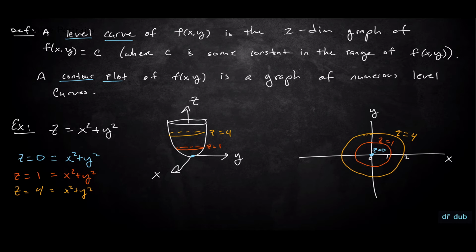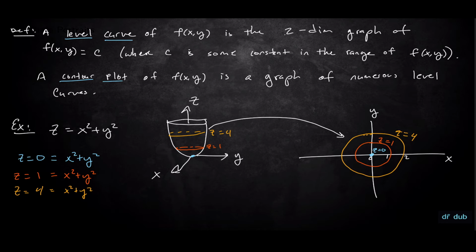So the connection is that this trace on my surface maps to this level curve. So it's basically just looking at it from one direction. In this case, looking at it from the positive z direction, you would see these curves inside of each other, looking down into the bowl. So that is the idea of a contour plot.